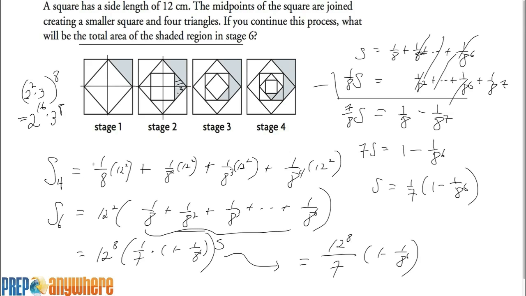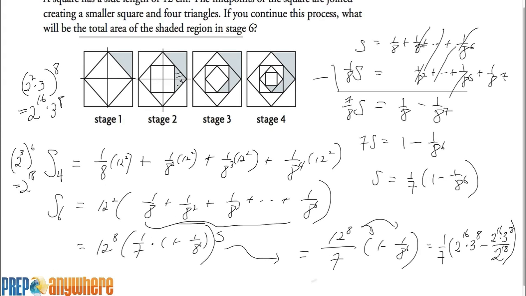Okay, so then 8 at the bottom is 2 cubed to the power of 6. So that's 2 to the power of 18. Actually, maybe it's worthwhile multiplying this in, because we're going to get 2 to the power of 16 times 3 to the power of 8 minus 2 to the power of 16 times 3 to the power of 8 over 2 to the power of 18.